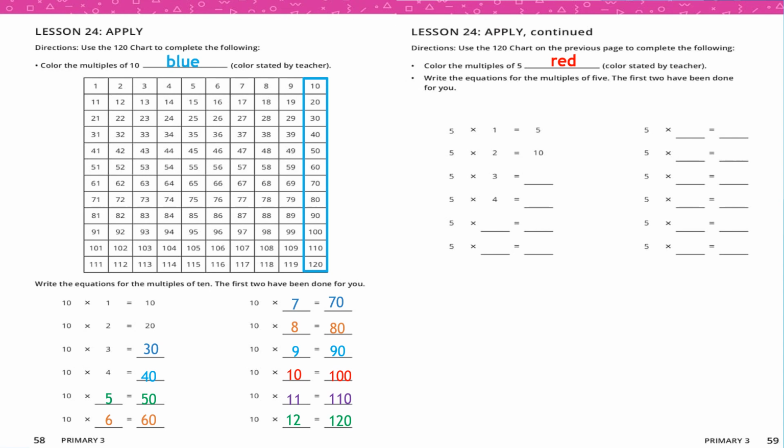In the next part of lesson 24, we will color the multiples of 5 red. We know multiples of 5 always have 0 or 5 in the ones place. So the same column 10, 20, 30, 40, it's also multiples of 5.